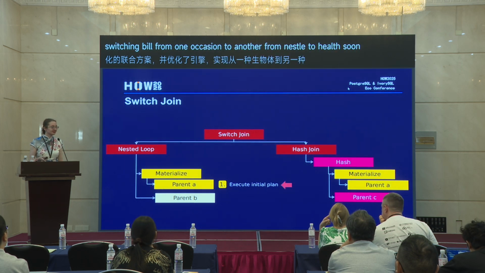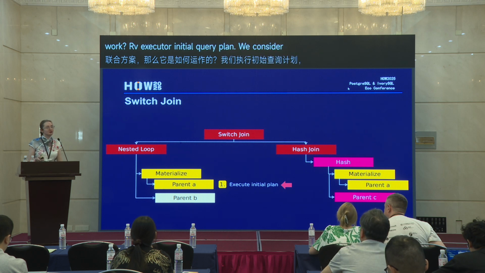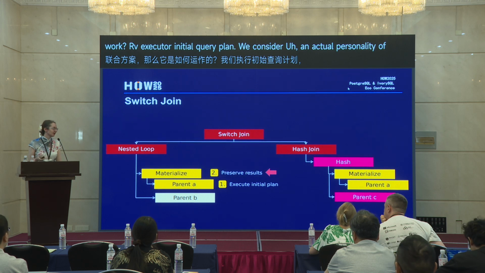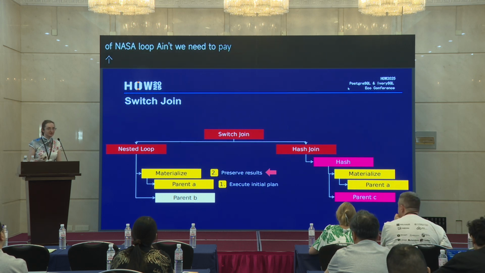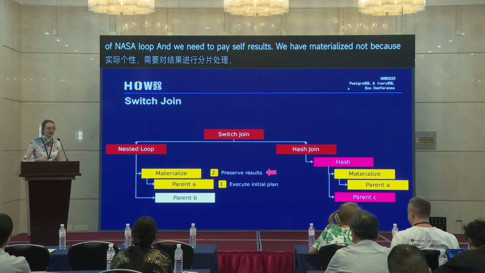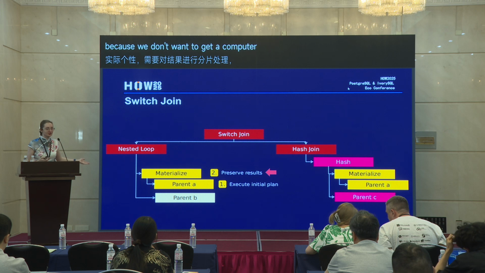So how does it work? We execute the initial query plan, and we consider the actual cardinality of the outer node of nested loop. We need to preserve results via a materialized node, because we don't want to recompute this node again, parent A on the picture.